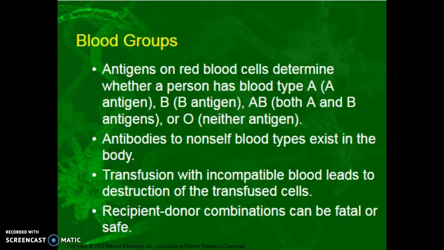Antibodies to non-self blood types exist in the body. So if I have A antigens, so I have type A blood, then I'm going to have type B antibodies. So if I get type B blood transfused into me, then my body's going to recognize that as not supposed to be there, and it's going to get rid of it.